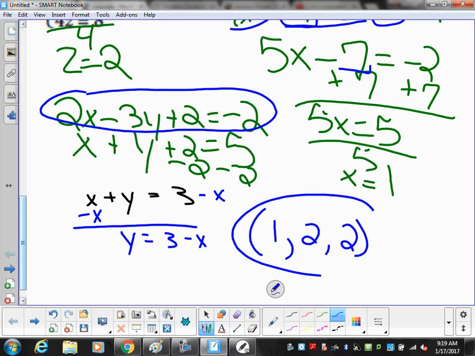Because it's always in alphabetical order. Okay, it's x, y, z. And so make sure you put those, when you do these kinds of problems, in alphabetical order. Okay.